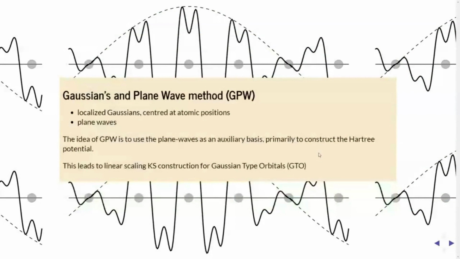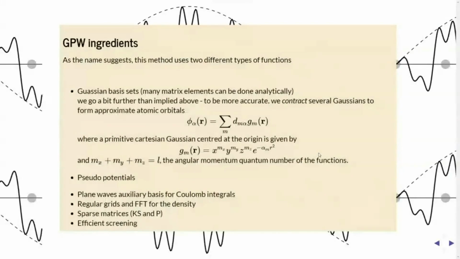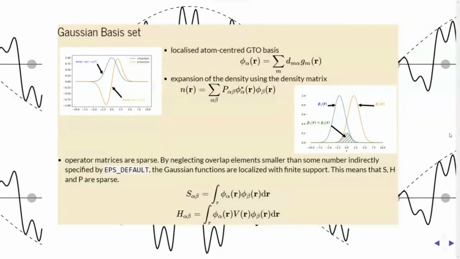So CP2K has this so-called Gaussian and Plane-Wave method. So everything is centered around the Gaussian. So the first representation of the density is in terms of Gaussian basis functions. So we have a whole load of Gaussians, and products of Gaussians essentially give us a density element. So the density is made up of a sum of the product of our Gaussian functions, a certain amount of this type, a certain amount of that type.